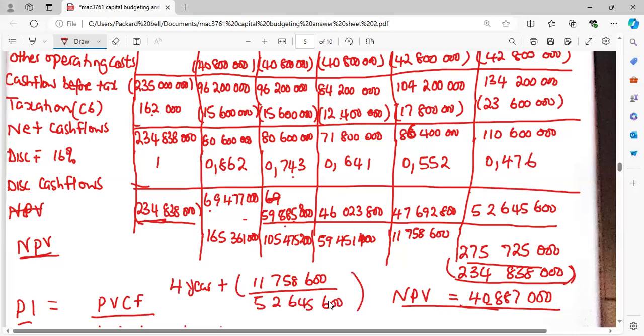So let's clear the fraction and see how many months we are going to have there. Divided by 52,645,600 times 12.